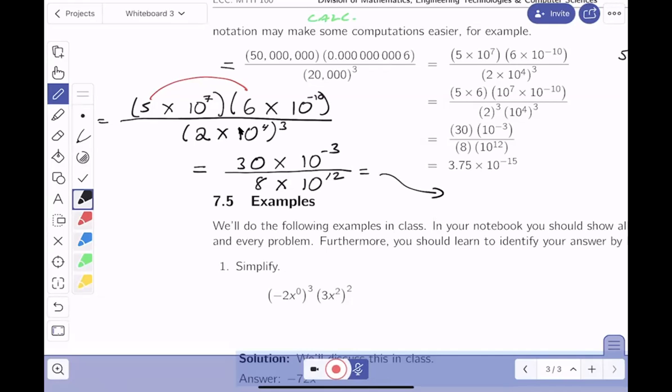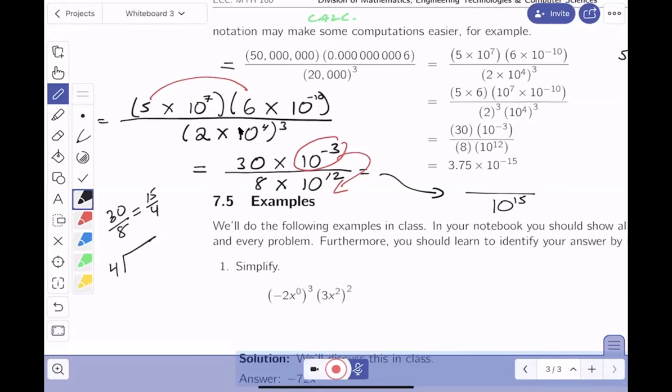I'm going to take this negative exponent on top and bring it to the bottom, like I said. And what's that going to be? 10 to the 15. Oh boy, I've got 30 divided by 8. Let me write that down for you. 30 divided by 8 is 15 quarters, right?